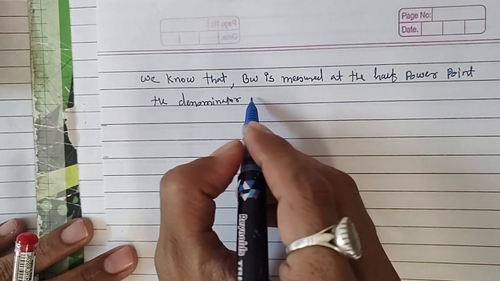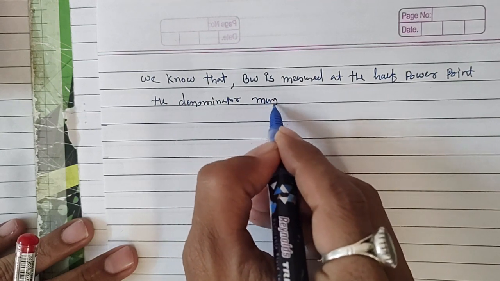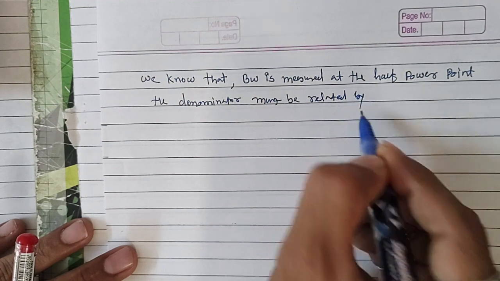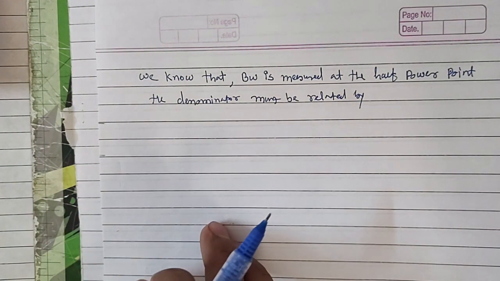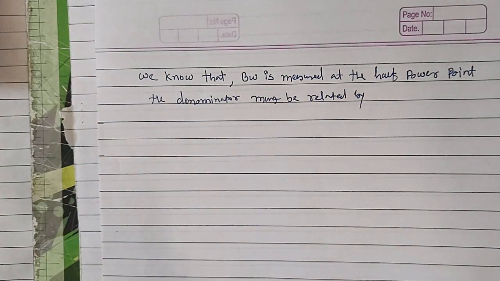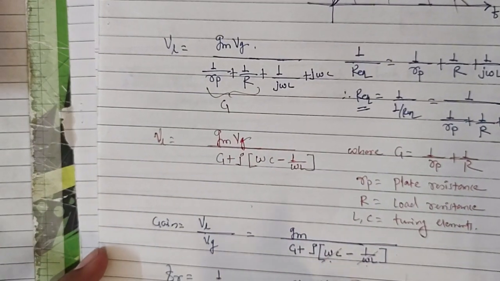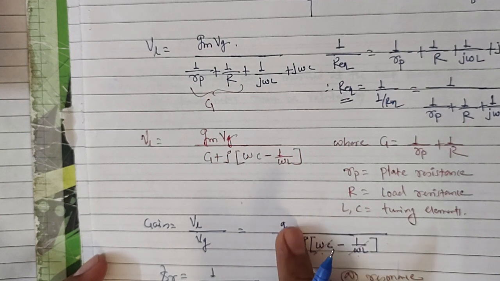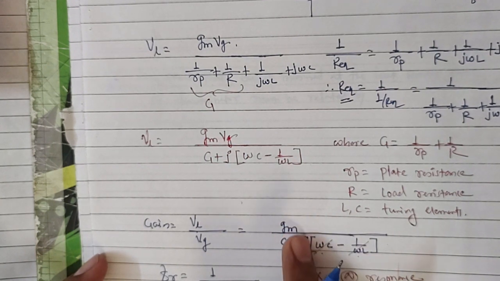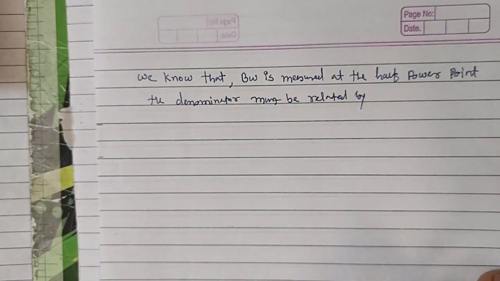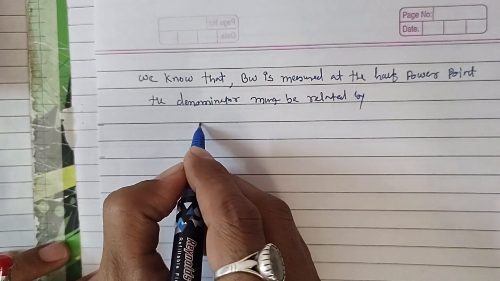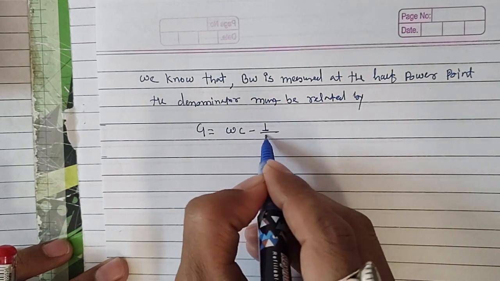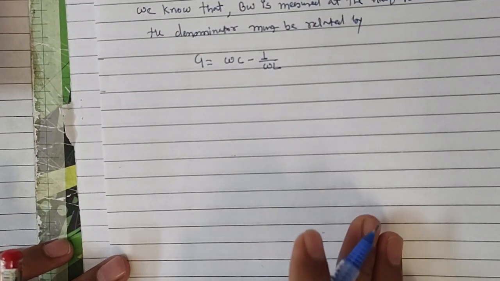G. Denominator must be related by G. So if this term is related by G, this would become Gm by 2G, so that is half of that. That is why we are relating G is equal to omega C minus 1 over omega L. So that is why we get the half power point.